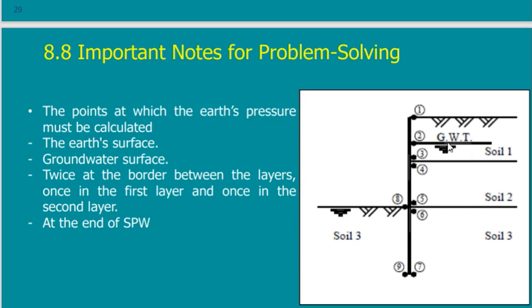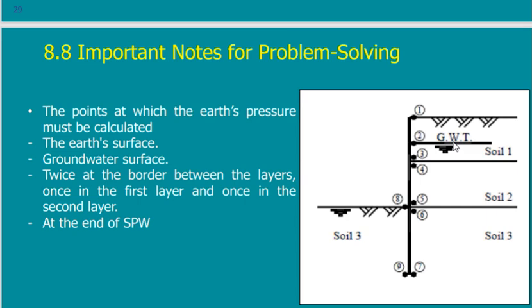Why? Because if the groundwater table is here on one side and it is not here on the other side, then I may have a triangle showing the effect of water from one side and another triangle from the other side, and they cancel each other. But if the triangle starts from a higher level, then I will have two triangles, one very big and one very small.